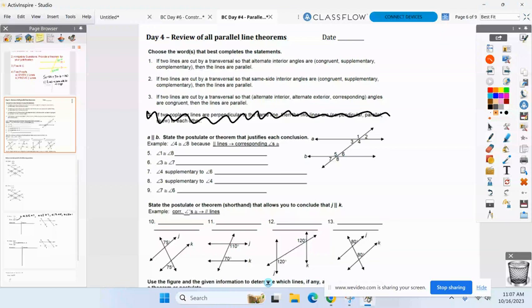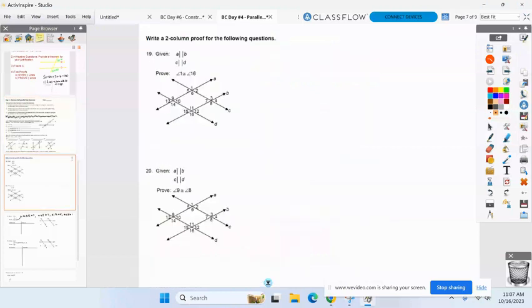Final thing before I let you go, and this is the biggest one. When you get to the proofs, look at proof number 19. It's got 16 darn angles in it. I did it one way on the answer key. Whatever I see first, that's what I write down in my statements and reasons. It will be highly likely that you'll do it a different way. And I want you to call me over and let me check it.